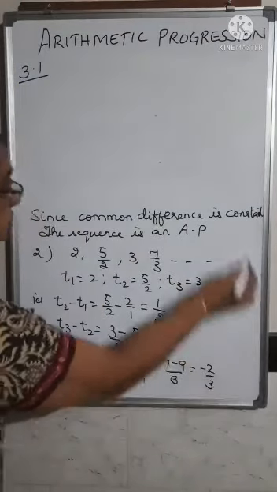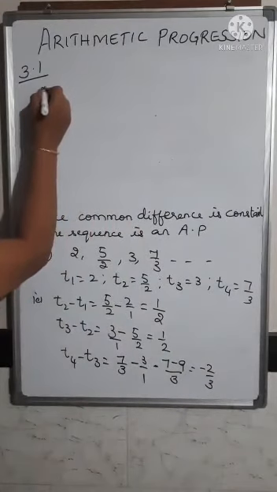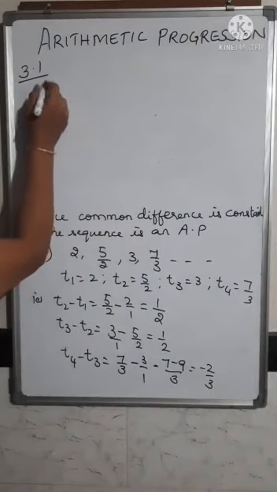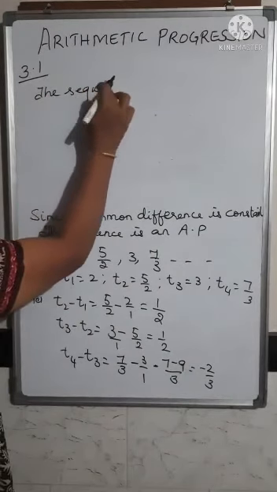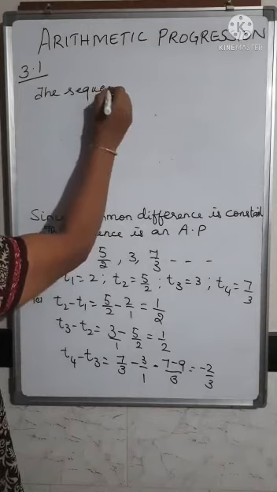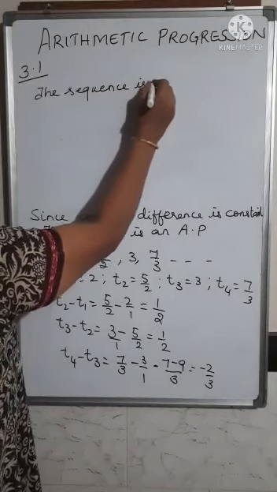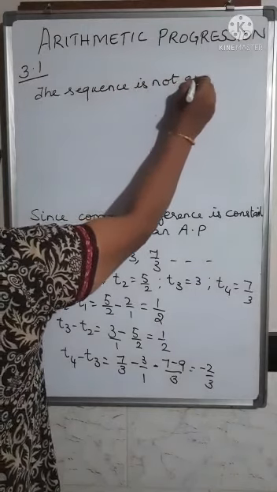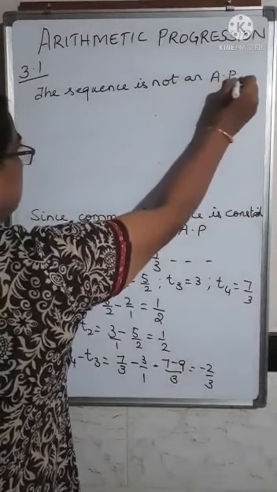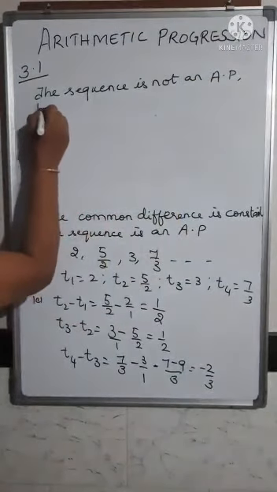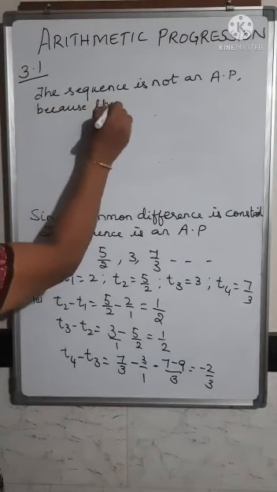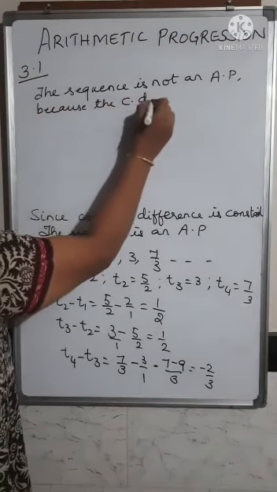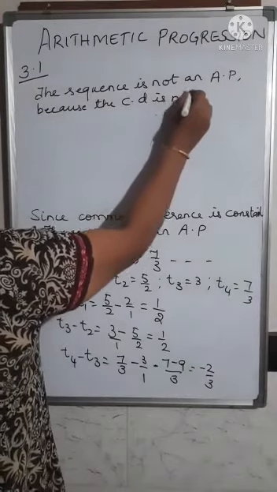So the continuation of this is you have to write the sequence is not an AP because the common difference is not constant.